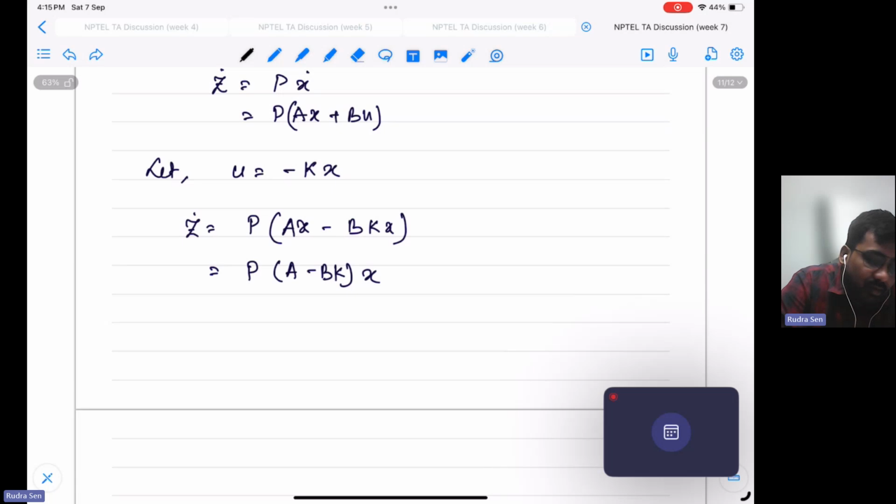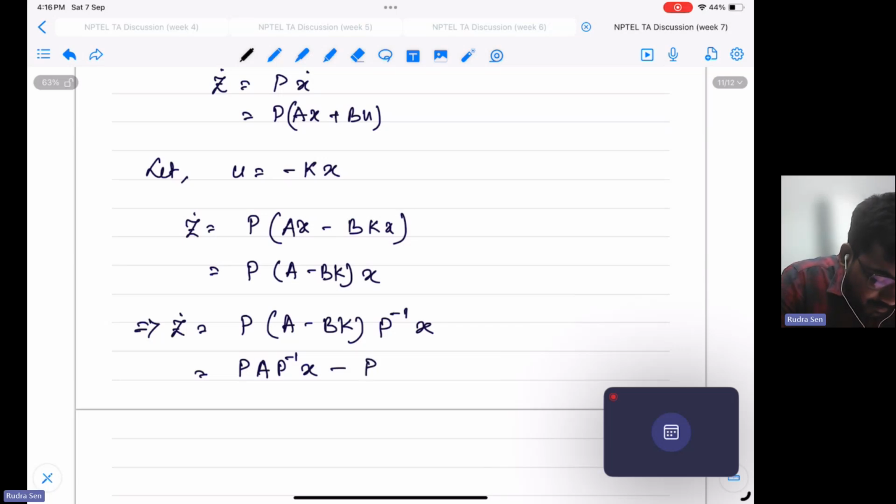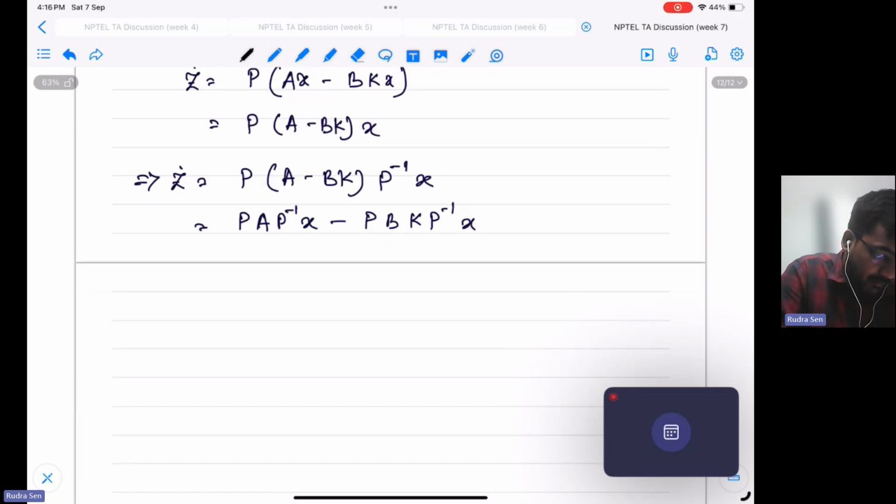Now make it into a z format. That means z dot equals P (A minus BK) P inverse into x. So this is PAP inverse x minus PBK P inverse x.